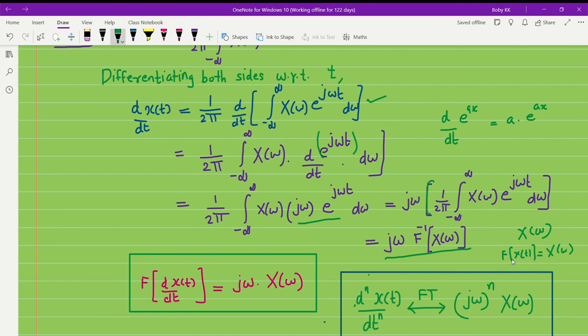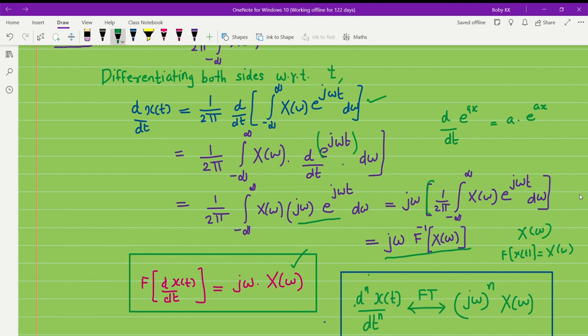F inverse of X of omega is nothing but x of t, so the Fourier transform of x of t is X of omega. So the final result is that the Fourier transform of d by dt of x of t is j omega X of omega.